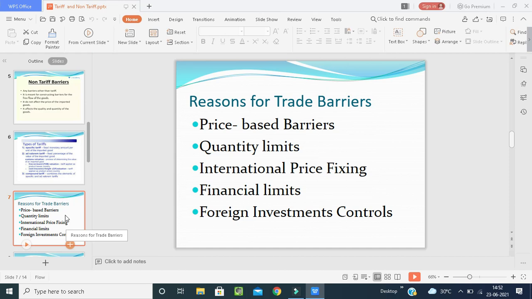A variant on the import quota is the voluntary export restraint. It is a quota on trade imposed by the exporting country, typically at the request of the importing country's government. In quantity limits, they will check how much quantity of goods is there, and they will charge accordingly.